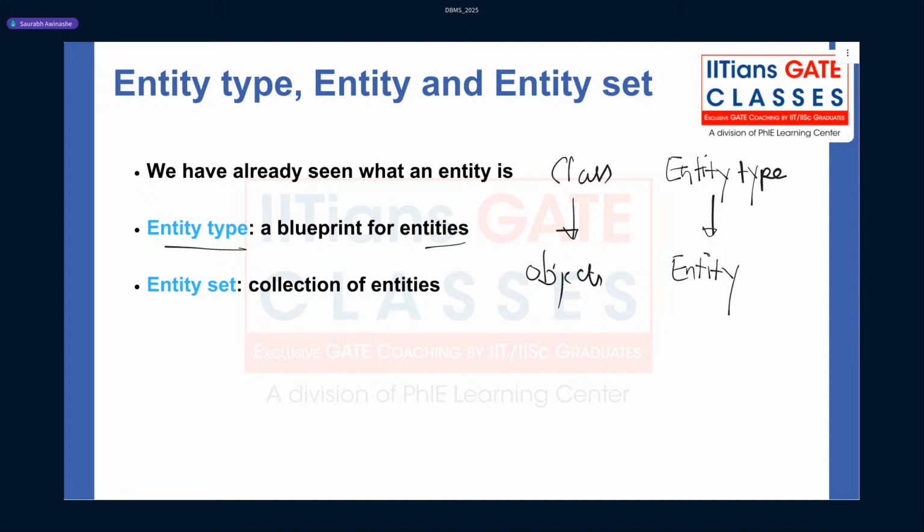And then once you create an instance of the entity type, you have an entity, similar to what we have seen in classes and objects. An entity type is just a logical representation, and once we instantiate the entity type, we get an entity that is basically an object with an actual existence. Okay, is that clear?